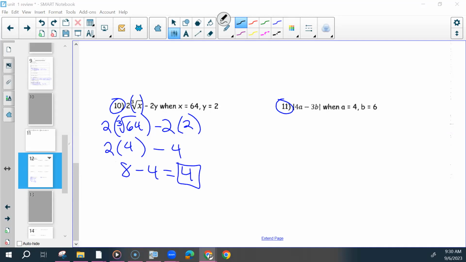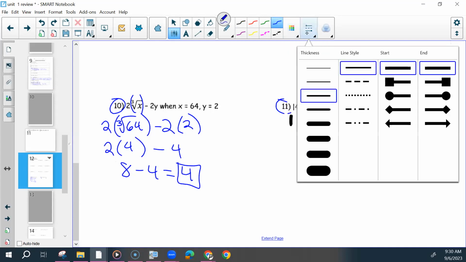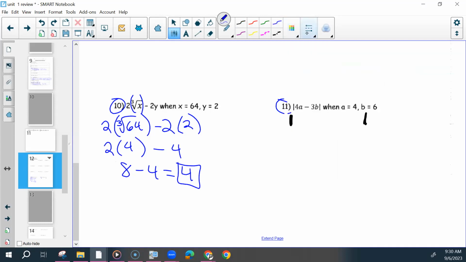Okay, so for 11, same thing, we have 2 different variables, put those in. So 4 times A, so 4, minus 3 times 6. Multiply those first. And subtract.